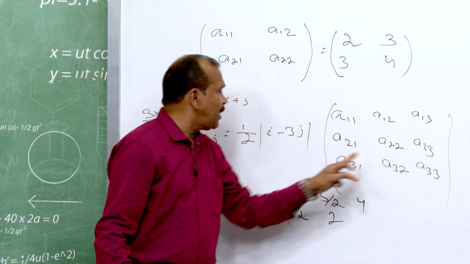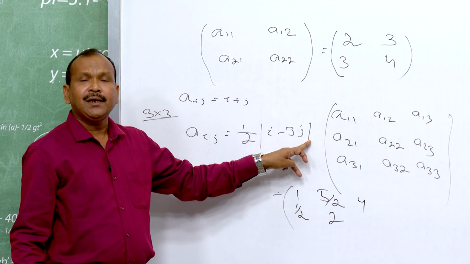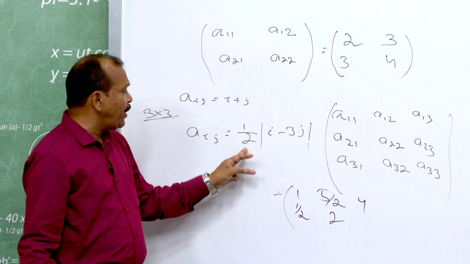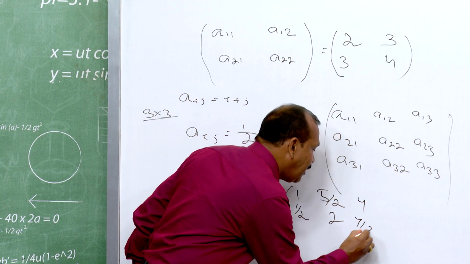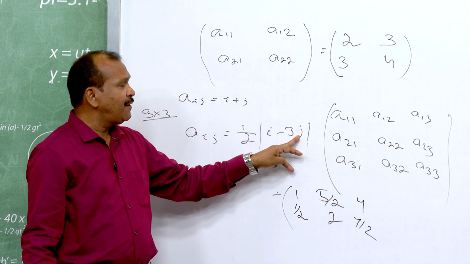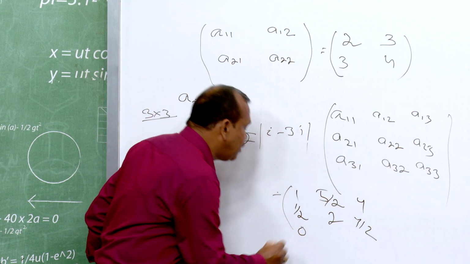Similarly, A23 becomes 2 minus 3 into 3, that is 9, 2 minus 9 becomes minus 7, the mod becomes 7 by 2. Similarly, A31: 3 minus 3 is 0, 0 by 2 becomes 0.